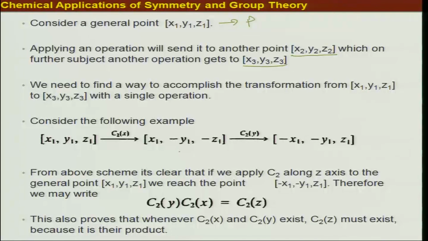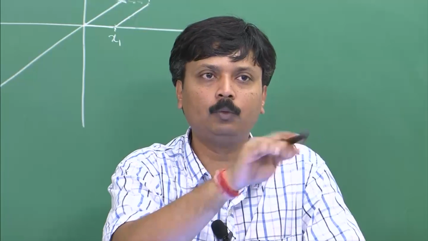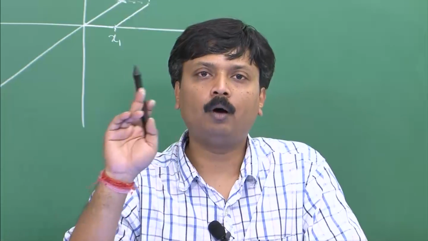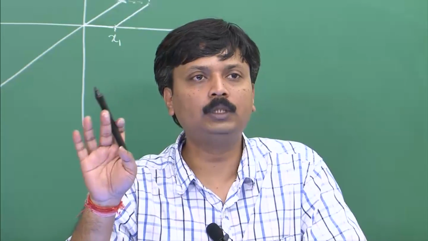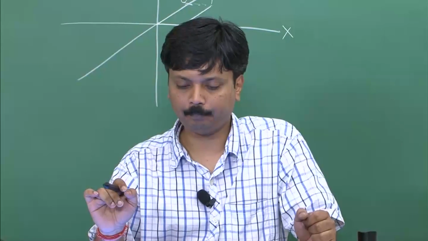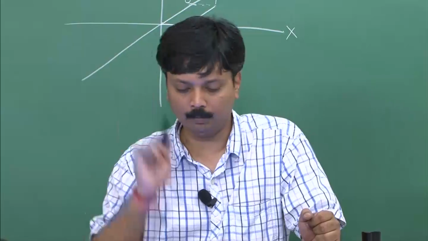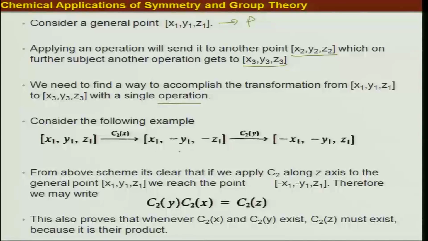There is no confusion about that. So we need to find out how we can go from x1, y1, z1 to x3, y3, z3. We went to x3, y3, z3 by operating two symmetry operations on this point. I want to go to x3, y3, z3 by a single operation. Okay, that is my motto.